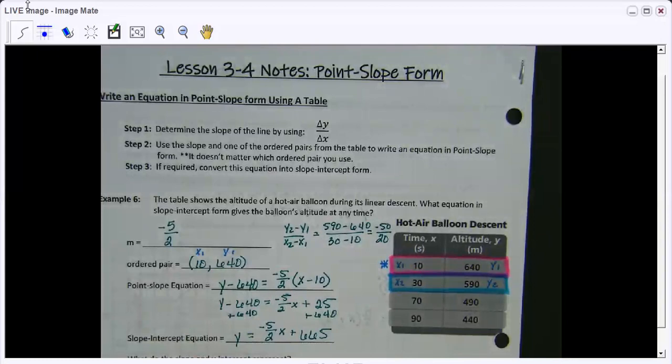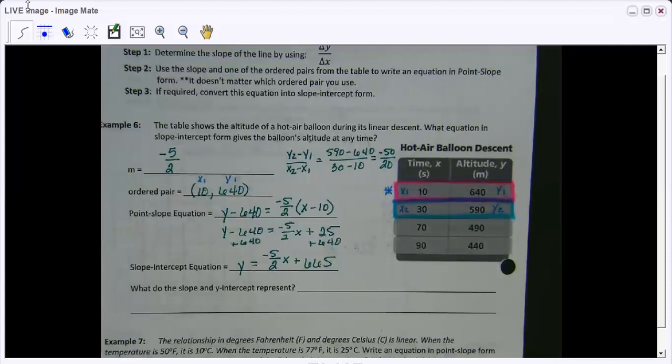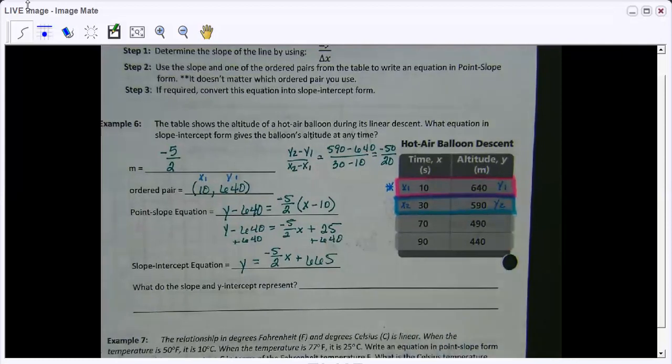So what does all this mean? It says that the table is showing the altitude of a hot air balloon during its linear descent. Linear descent means it's going at a straight line or a constant rate of speed, and it's going down, it's descending. And we created an equation in slope intercept form to represent the situation. So what do the slope and the y-intercept mean?